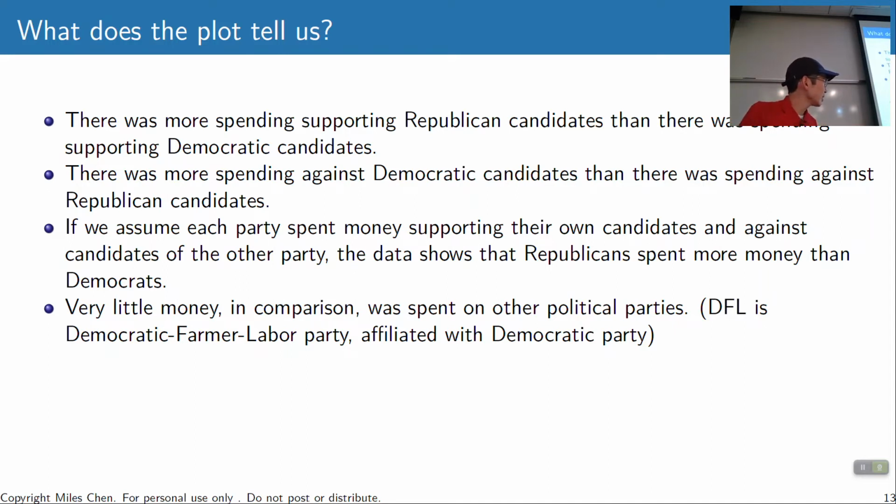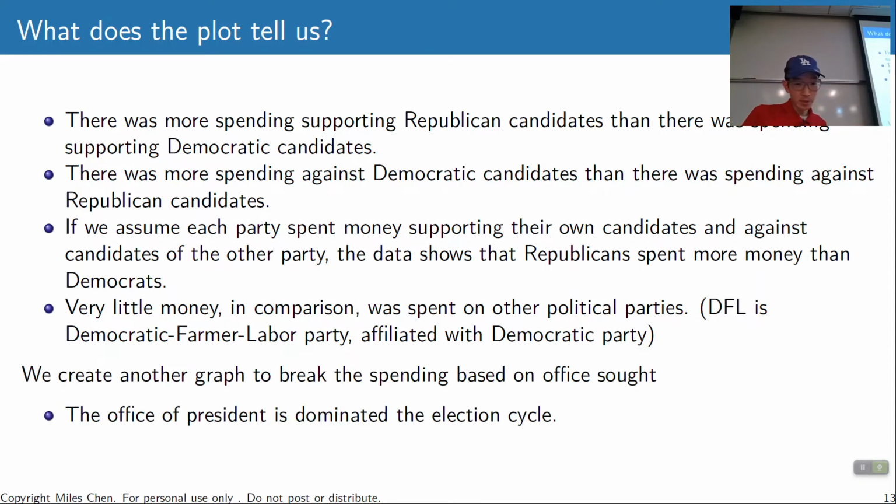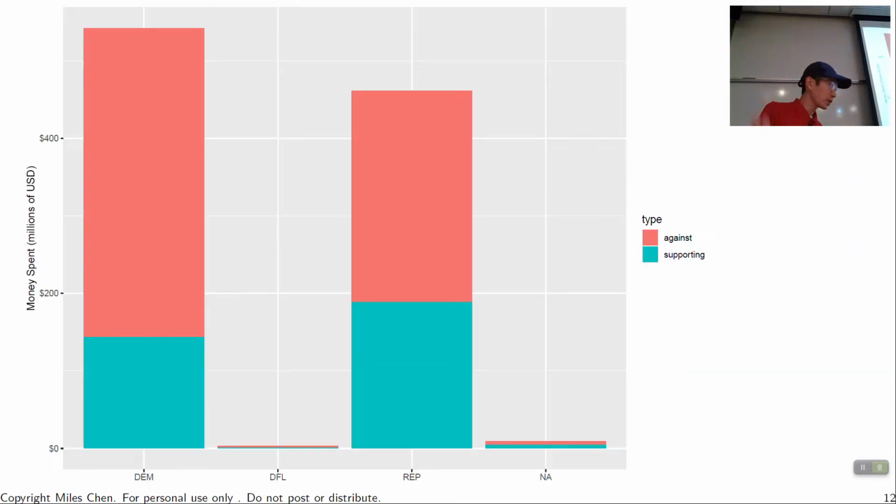Very little money in comparison was spent on other political parties. And so one thing we can do to gain further insight is break apart this entire spending. Right now, it's just the entire Democratic Party and the entire Republican Party, money for or against.